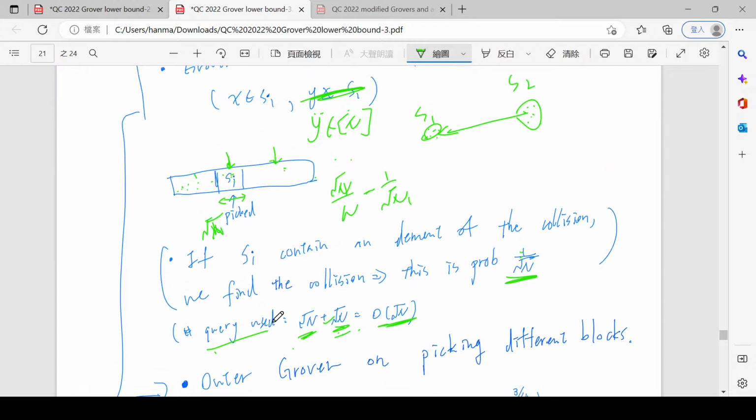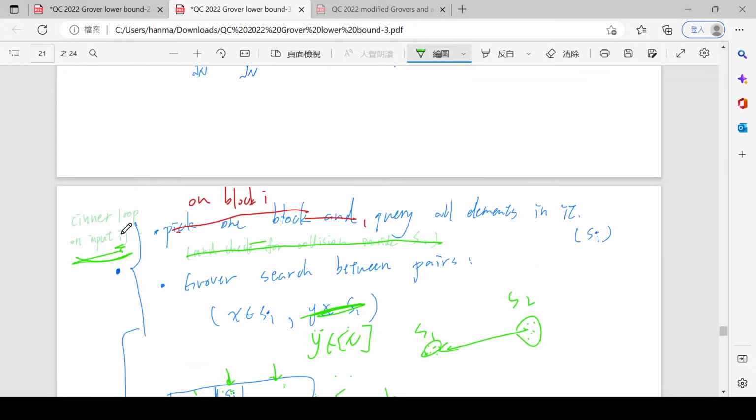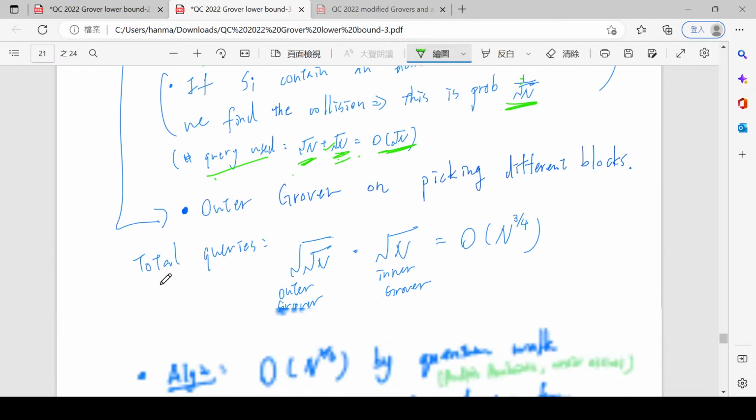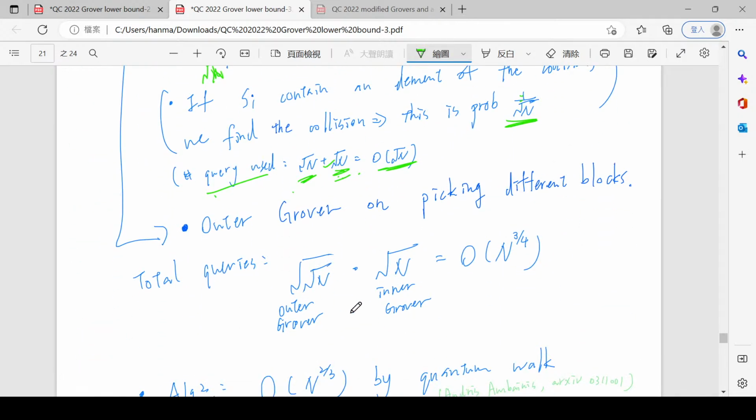So we feed it into another Grover algorithm that searches through all possible blocks I. And so the total number of blocks is square root n. So if you want to search through everything, the total number of blocks is square root n, then you go over it, so that's square root n. And the inner loop only needs square root n queries. So total number of queries is order n to the 3/4.